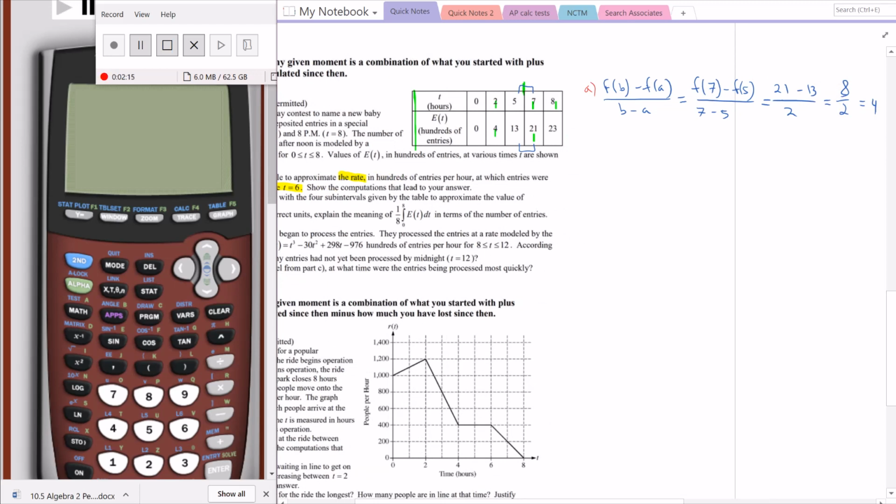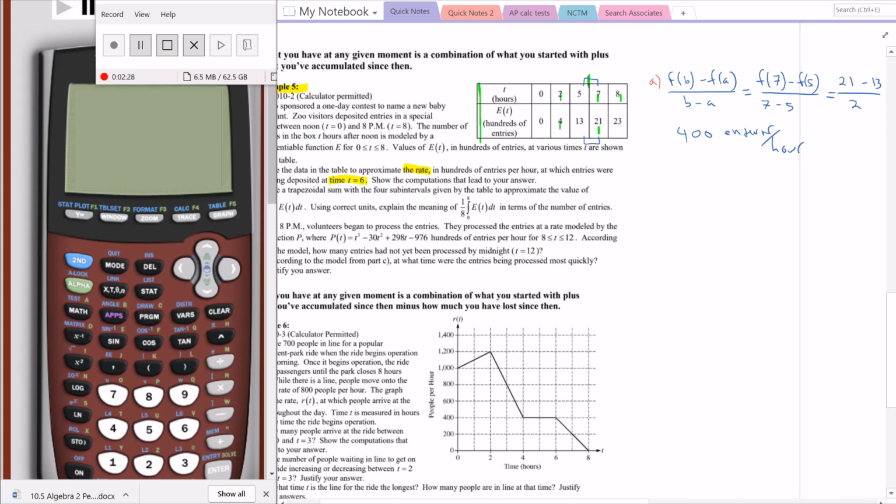And then you have to realize it's 400 people, entries per hour. Right, and then we also showed the computations that led to our answer. Okay, part B.